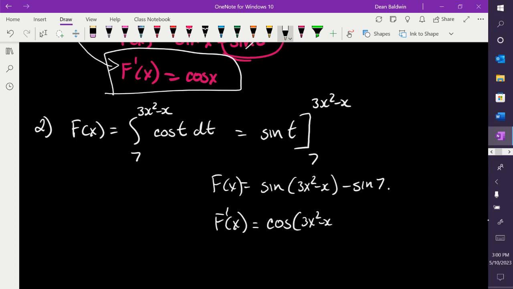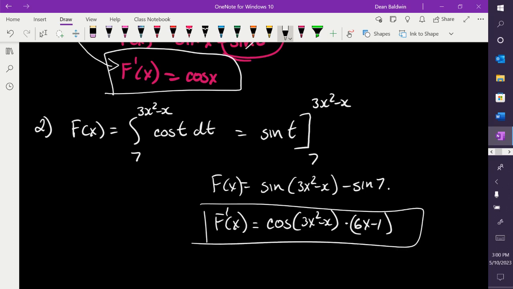Cos of 3x squared minus x times what? Yeah, the derivative of the inside. What's the derivative of 3x squared minus x? 6x minus 1. What's the derivative of sine 7? 0, because it's a constant. So you're done.